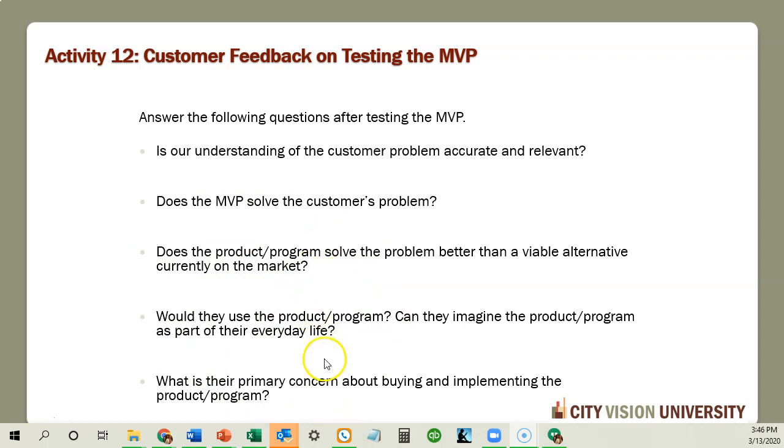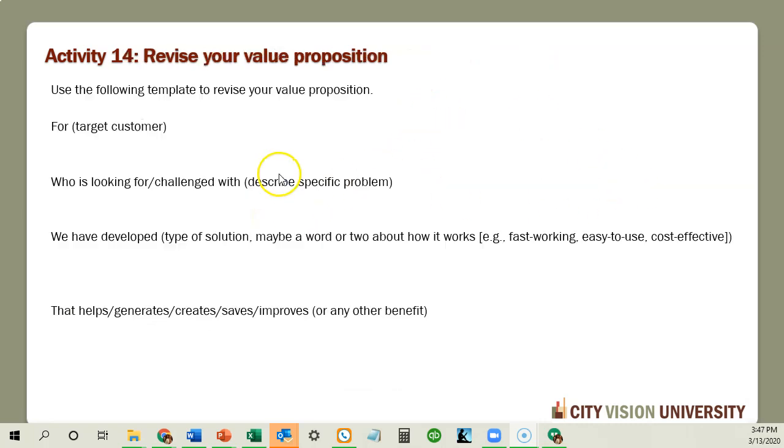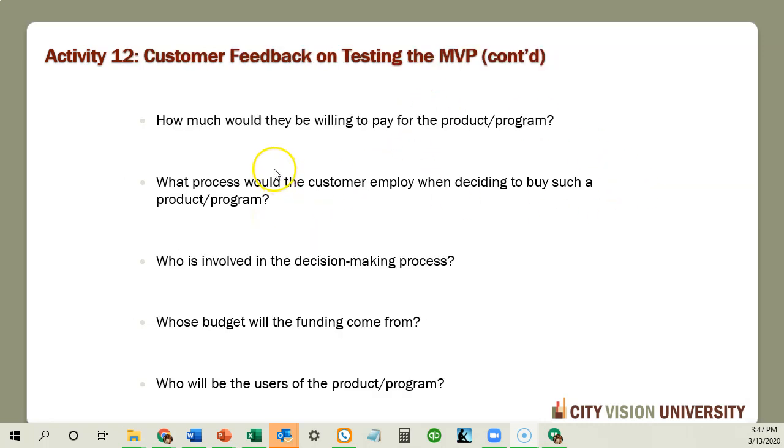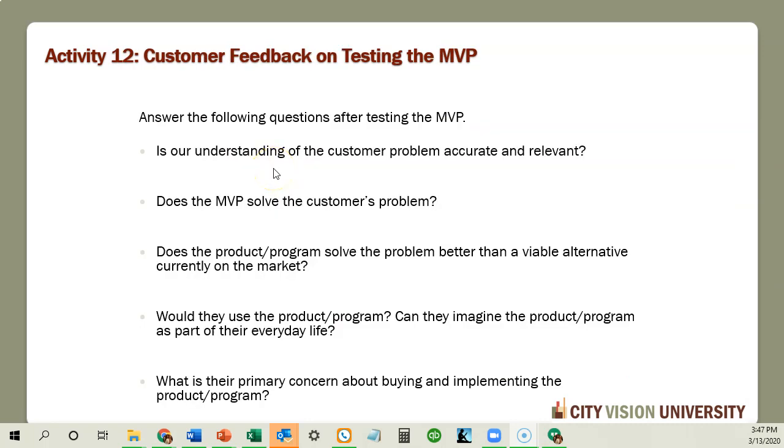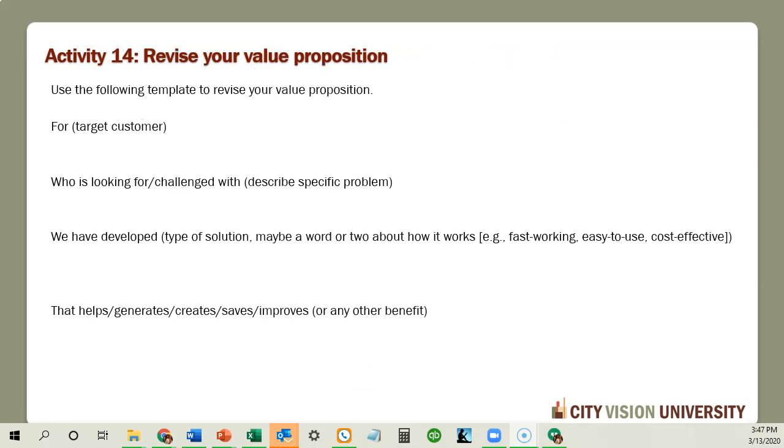Try to answer each of these questions based on your conversations. And if you need to have more conversations with potential customers to answer these, feel free to continue having these. But you want to be able to answer these. And for some of these, if you're doing both funders and clients, you might need to make 2 copies or give answers for each category.